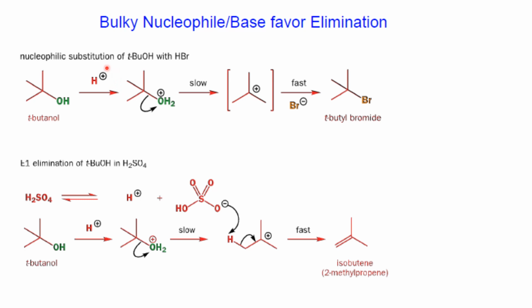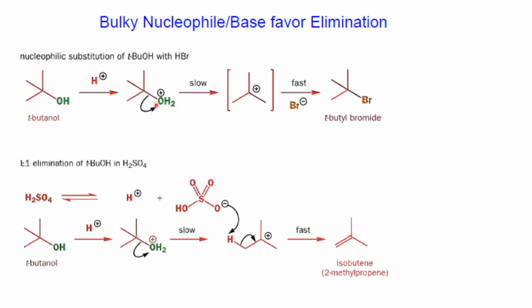But when you are using HBr as the reagent, which is having potential H plus and Br minus, the first step will be the conversion of OH into a better leaving group. So when you are having OH and H plus, normally the protonation of OH will take place, and that will lead to the formation of OH2 plus.